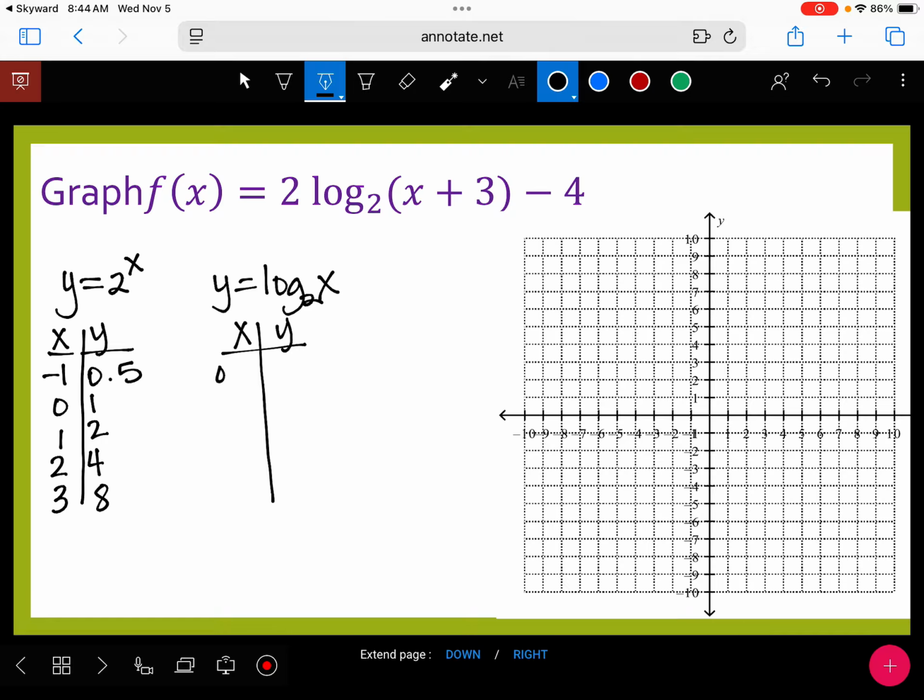And then, you all have this log base 2 table, so this is our third time using it, so you may not need to.